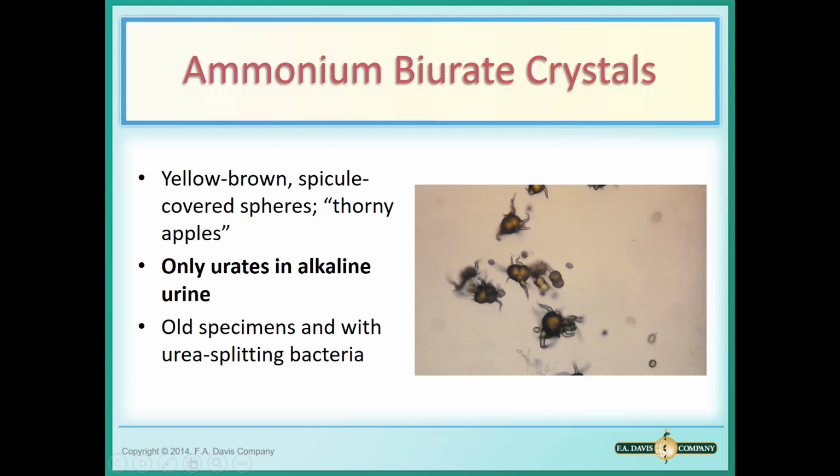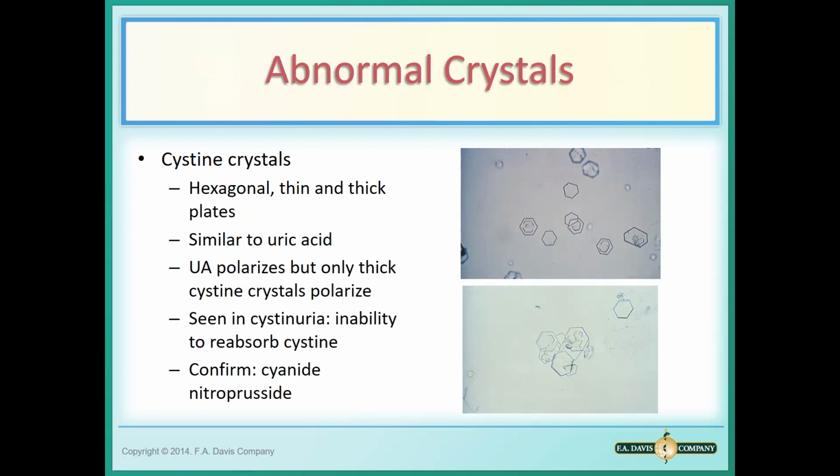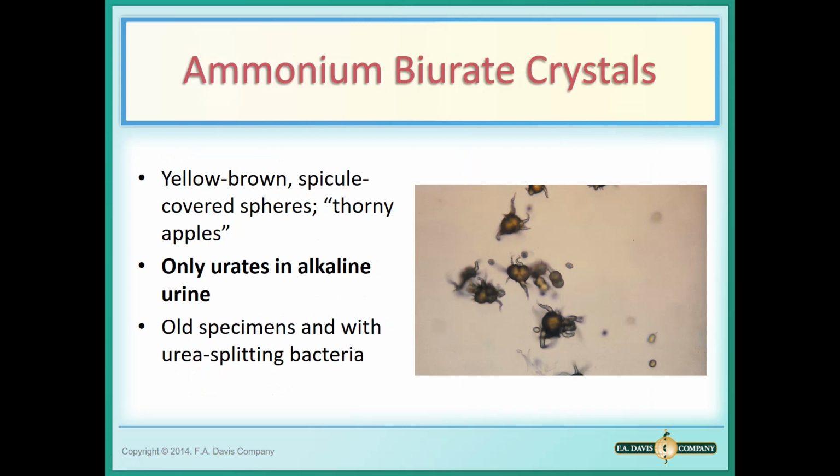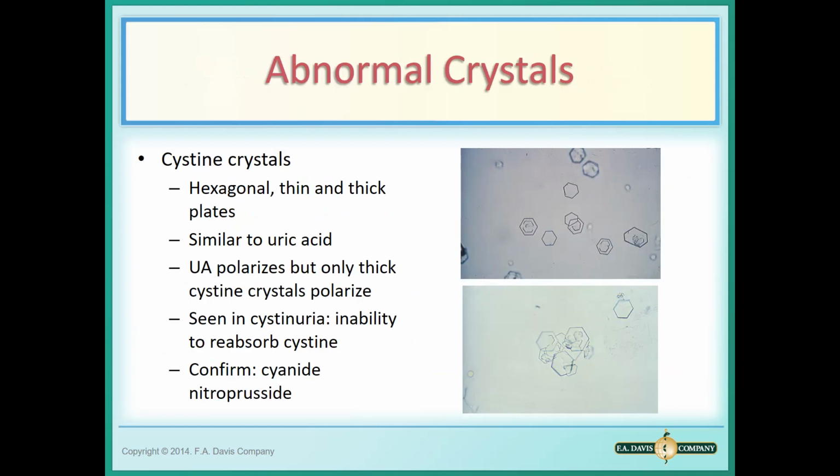They form because the bacteria process the urea in the urine into biurate, and you get this abnormal crystal formation. Very, very classic. It's clinically significant in that it's seen in urines typically with bacteria, so we would always report it. You don't see it a lot though.